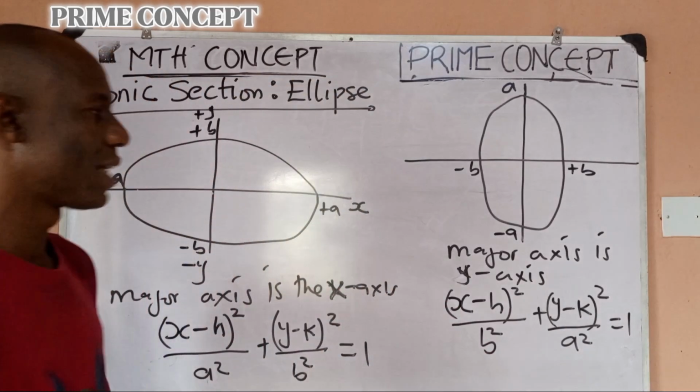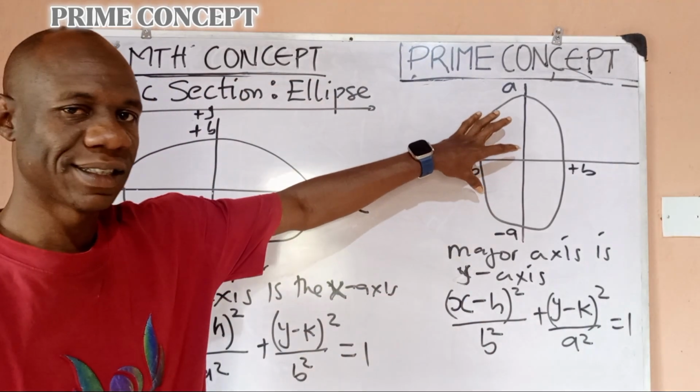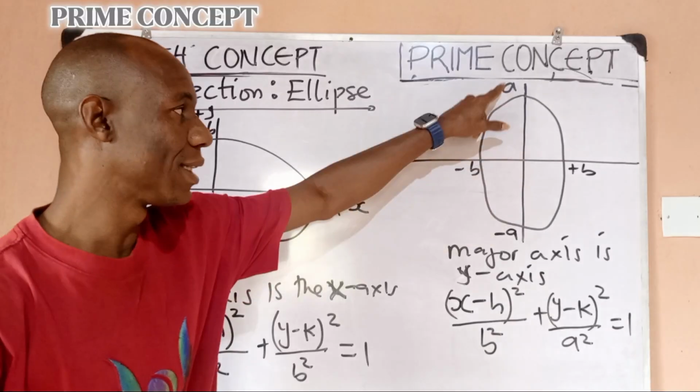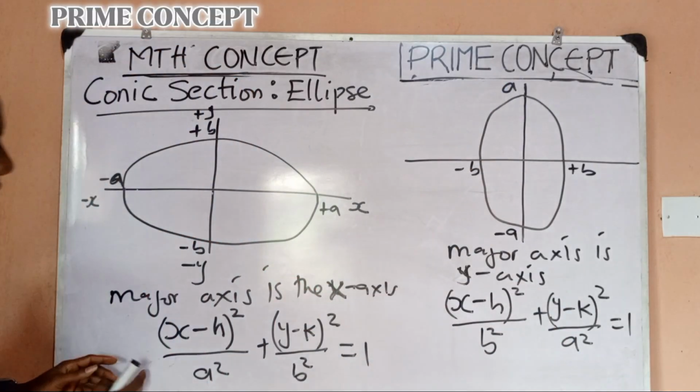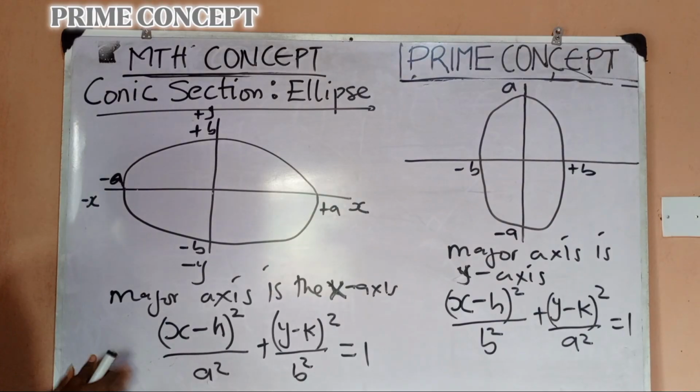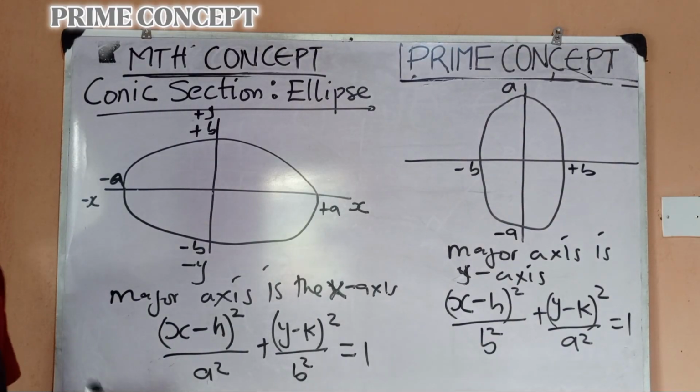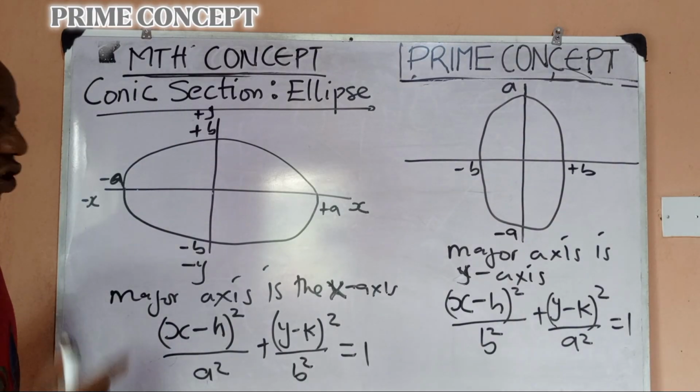So you now notice that since our major axis in this case is the y-axis, the value a is under your y, while in the previous case the value a is under our x. So we should take note of these diagrams and relationship.